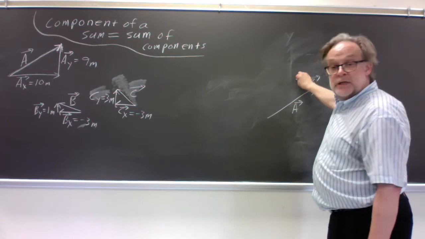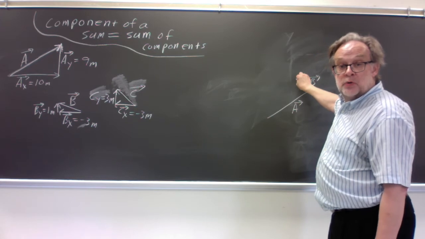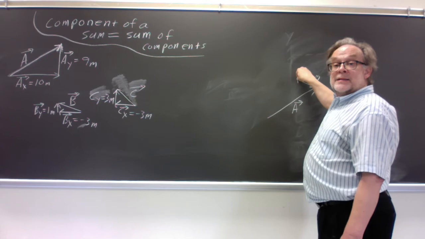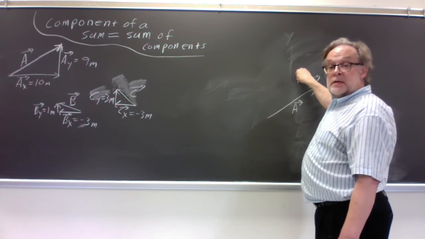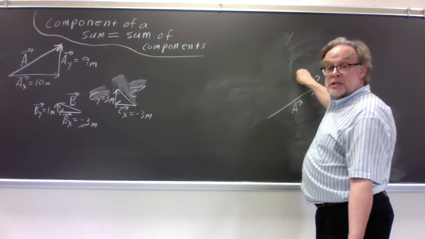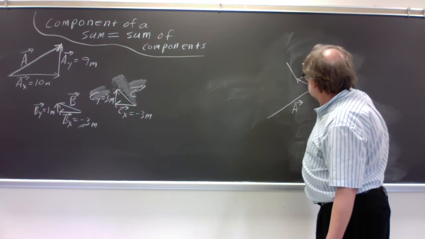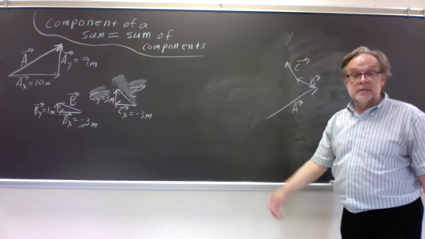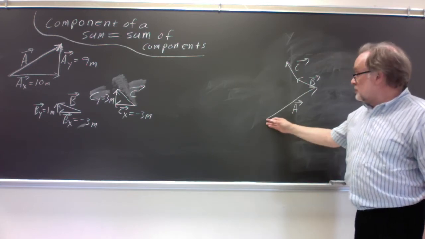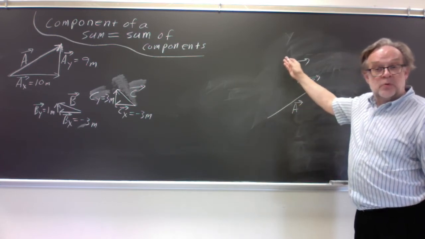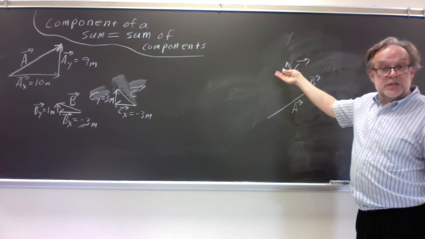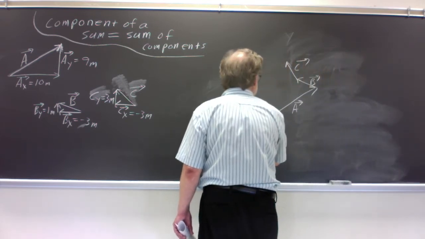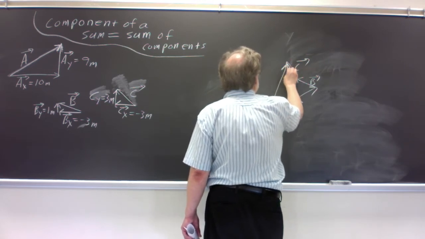Then at the end of displacement B, you're right here, and at that point you go through displacement C. But here, the final location of displacement B becomes the initial location of displacement C. Like that. And so the net displacement took us from a starting point here to a finishing point here. So the net displacement, the grand total displacement, is a displacement from here to there.